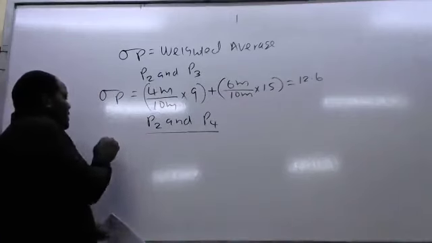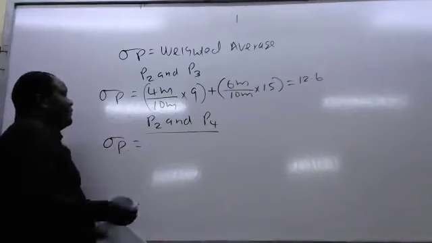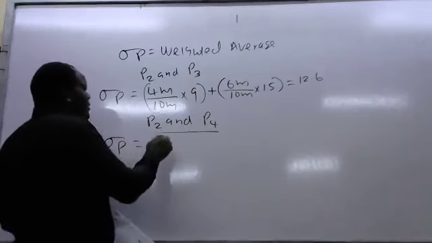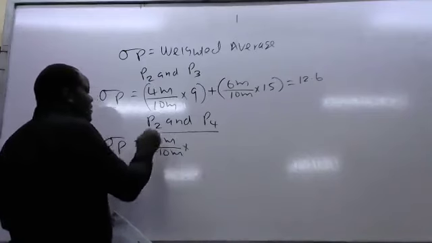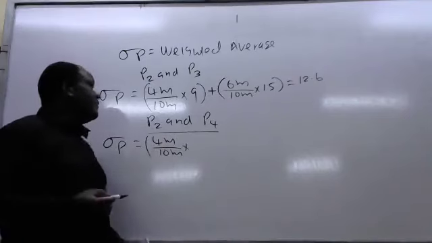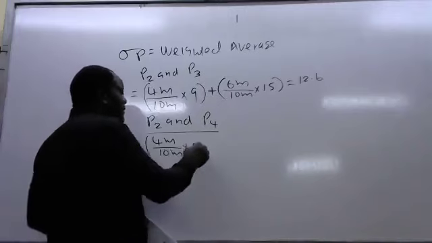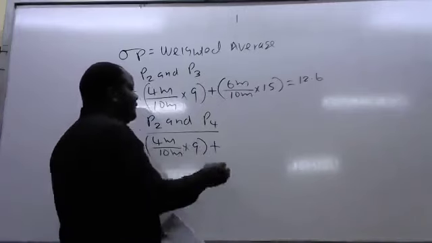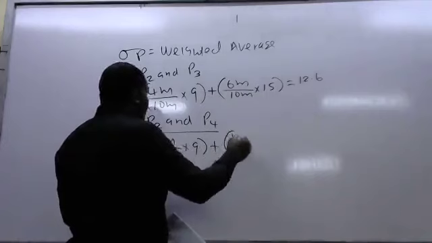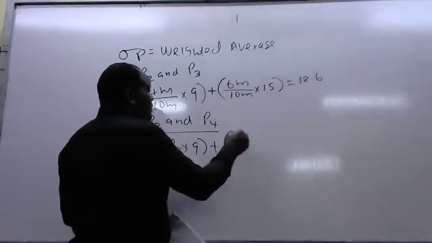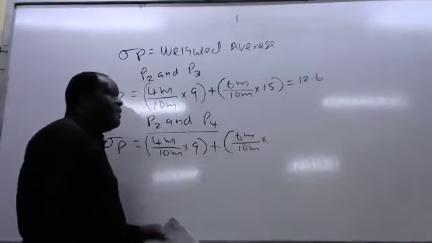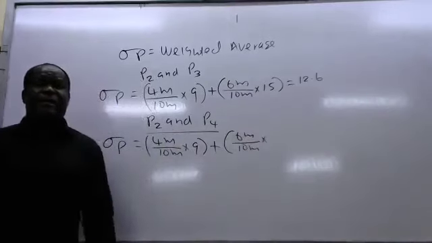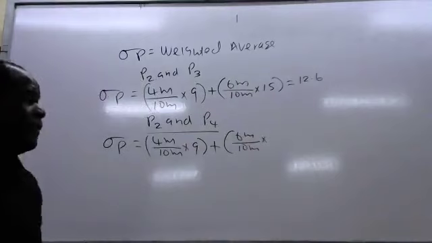So the standard deviation for this portfolio, project 2, we know it is 4 million divided by 10 million. So what do you have there as the standard deviation? It is 9, isn't it? Yes. So we go to project 4, which is 6 million, also divided by 10 million. Then what is there as the standard deviation?